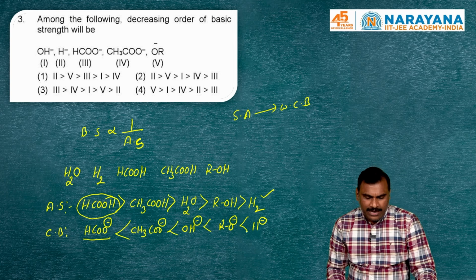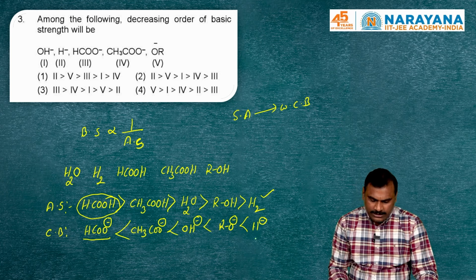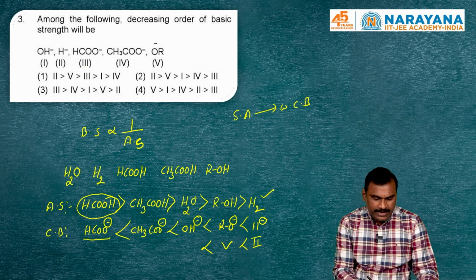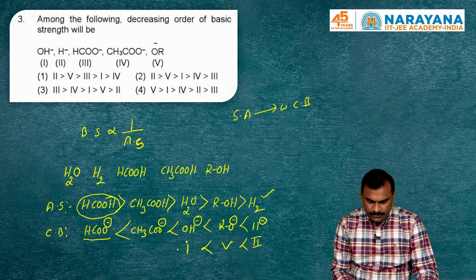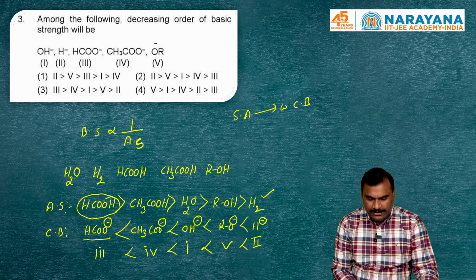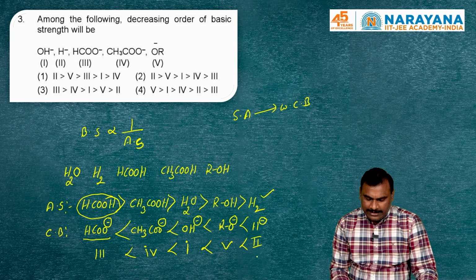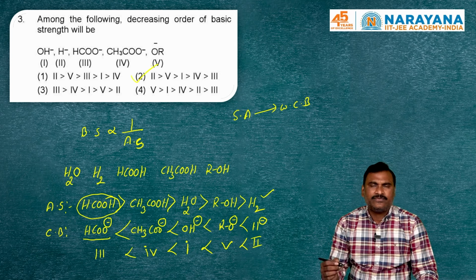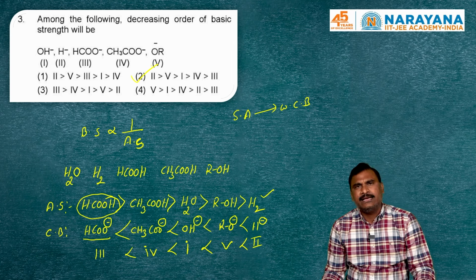Therefore, the correctly matched order is H minus is 2, alkoxide is 5, OH minus is 1, acetate ion is 4 and HCOO minus ion is 3. So the correct order is 2, 5, 1, 4, 3. The correct match for the given question is option 3.